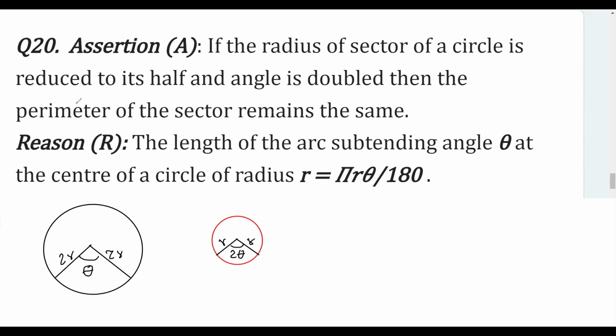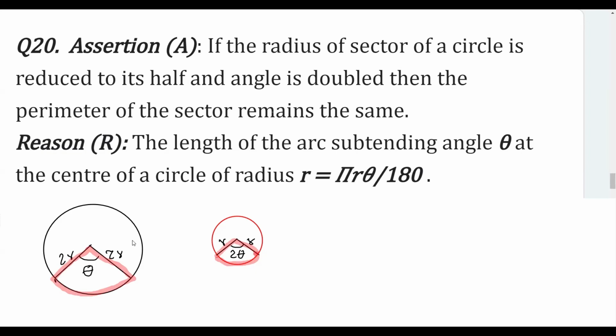Now we have to deal with the perimeter, and as you know, the perimeter is the boundary of this sector. That means we need the length of the arc.